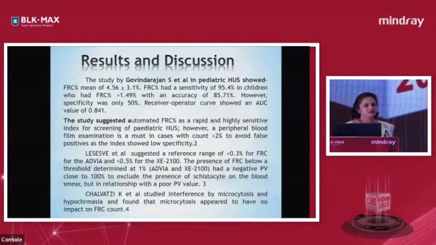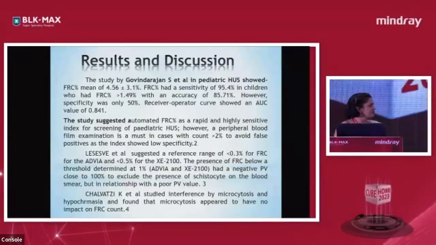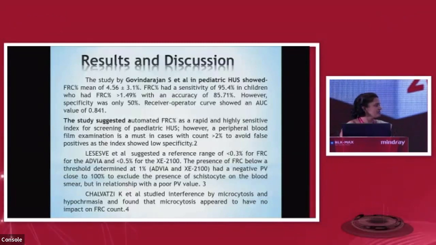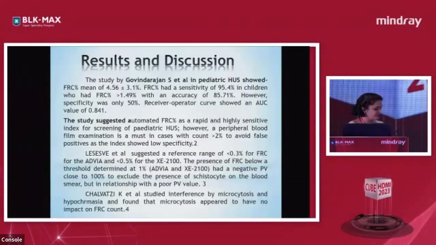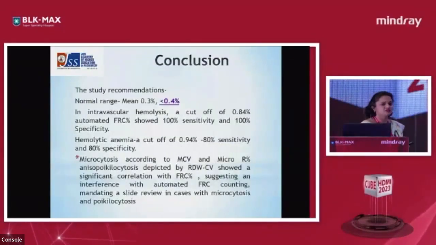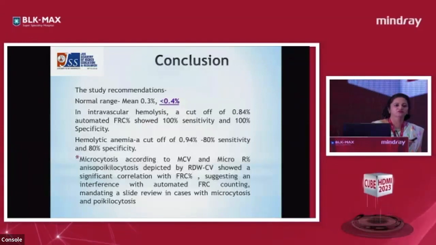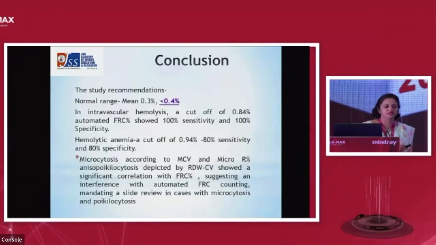There was another study which I mentioned earlier. This was on the Sysmex analyzer, where there was interference by hypochromasia, and microcytosis appeared to have no impact on the FRC count. This is in contrast to our study, where we found microcytosis and anisopoikilocytosis both had interference with the FRC count.